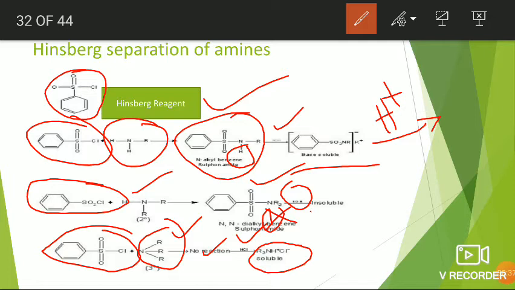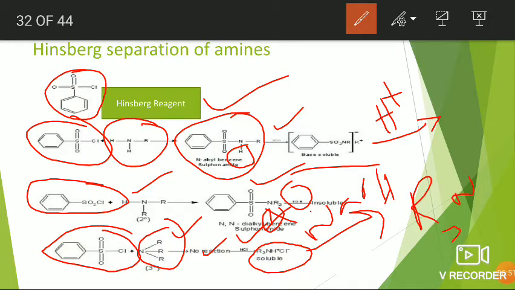After separation of the acid layer, we have to treat it with base, NaOH, then we get a pure amine, that is tertiary amine. Okay, this is all about Hinsberg separation, how we can separate a mixture of amines.